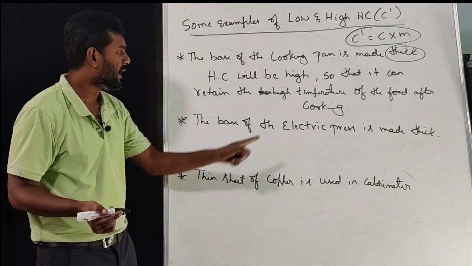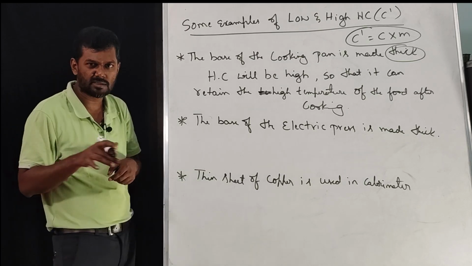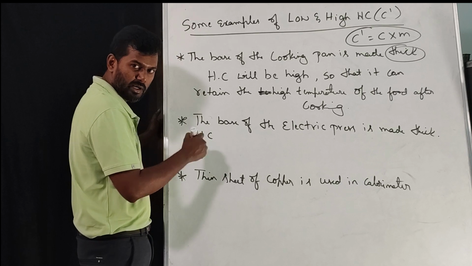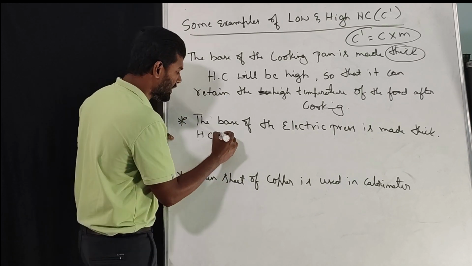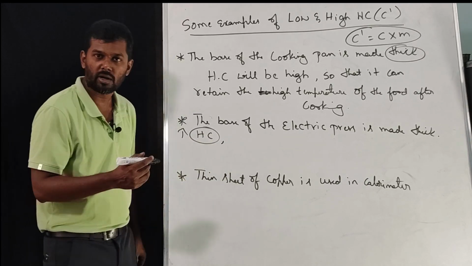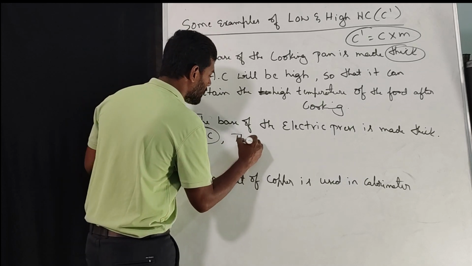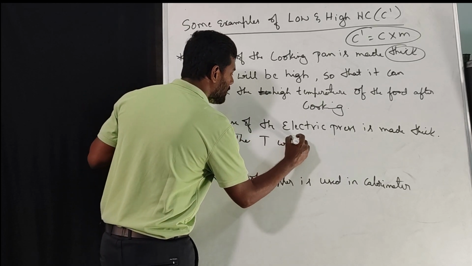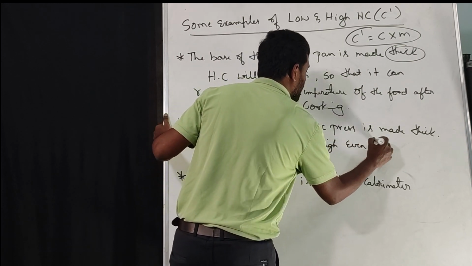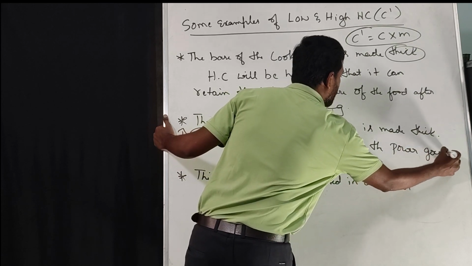Listen, why is the base of the electric press, what do you mean by electric press? It is nothing but iron box. The base of the electric press is made thicker to increase the heat capacity, so that the temperature will be very high, even if the power goes off.